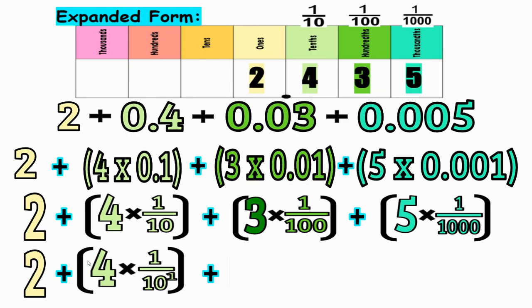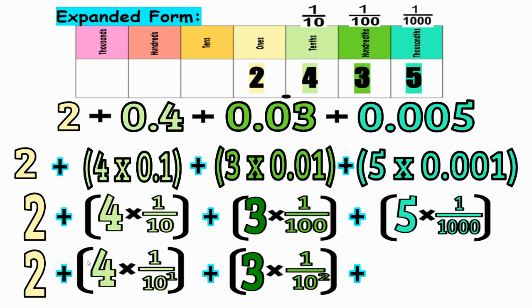So we can say 4 times 1 over 10 to the first, which is 4 times 1/10, representing our 4 tenths. Okay? Instead of saying 3 times 1/100th, we can shorten it by saying 3 times 1 over 10 to the second power, which represents 1/100th again. And instead of 1/1,000th, we can show 1/1,000th by writing 1 over 10 to the third power. And we have 5 of those, so we multiply it by 5.